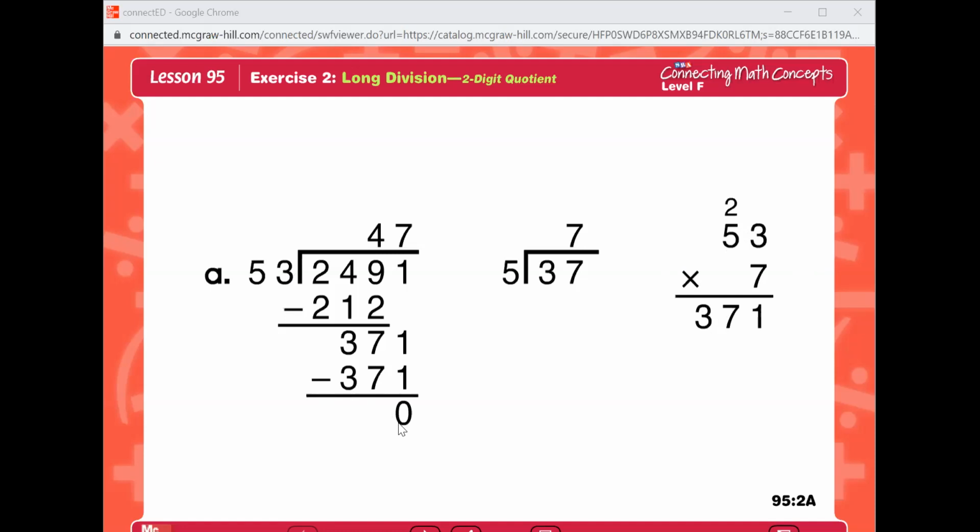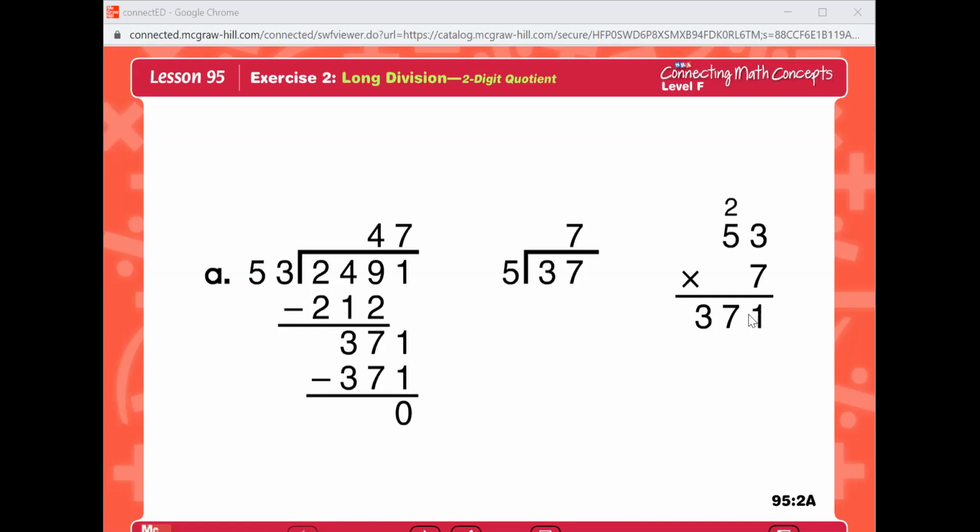Well, that's 0. So there is no remainder. Nothing needs to be put up here. This is how you solve problem A. It's already up here for you. Now, pause the video and work problem B. Resume when you're ready to check your answer.